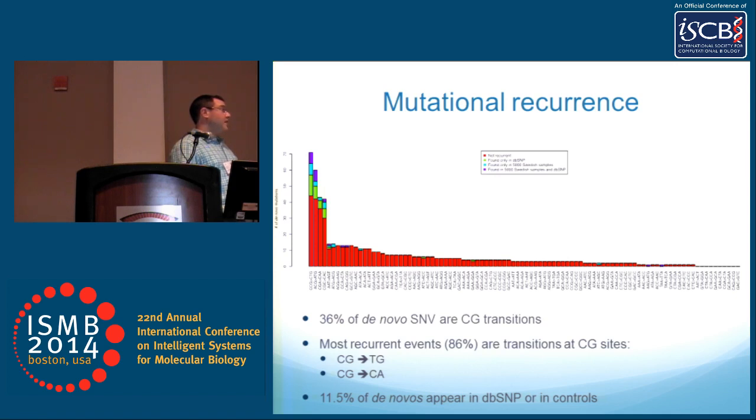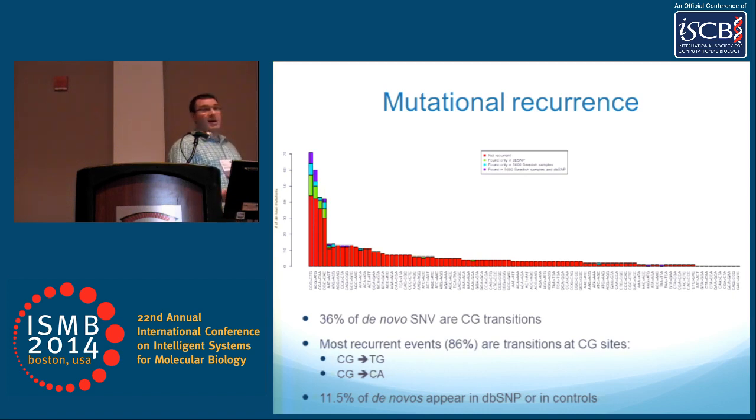So CG sites are a big chunk of the mutations, and most of the recurrent ones are in this chunk also. This is going to be a little important later, and I'll mention why. But also, in total, around 12% of the de novo mutations that we found and validated in our study as being true de novo mutations actually appear in dbSNP.